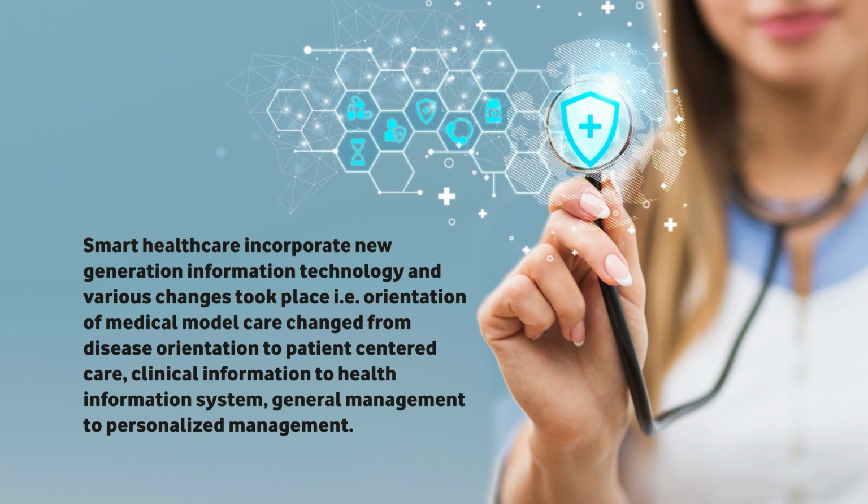So, smart health was the solution which incorporated new generation information technology, and various changes took place. Previously, we had a hospital-oriented system known as the medical model of care, which changed from disease-oriented to patient-oriented care, from clinical information to health information system, and from general management to personalized management of the patient.